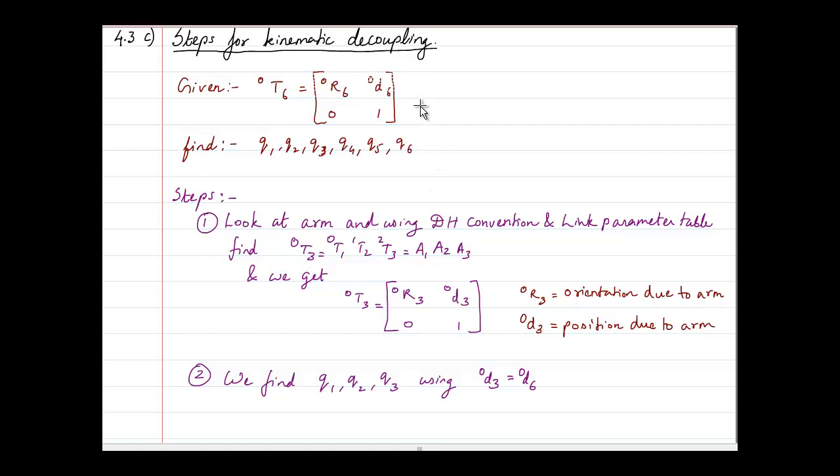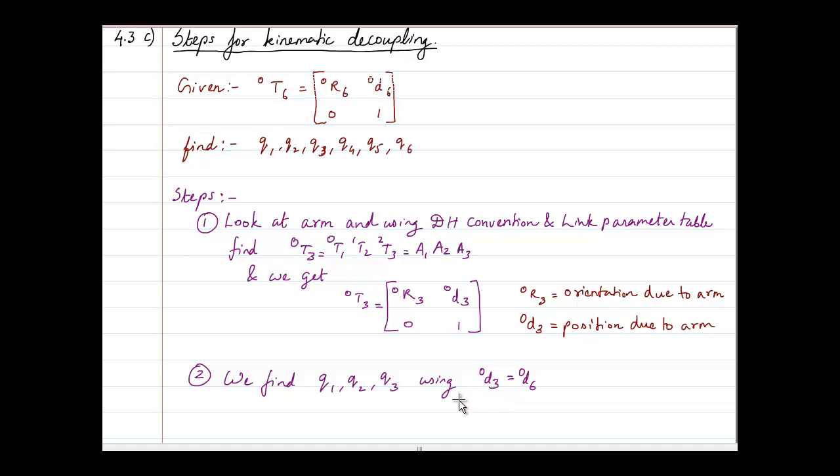So dx, dy, dz, three equations, and directly we will be getting Q1, Q2, Q3 in it. That Q1, Q2, Q3 will be in the equation 0D3, and that is going to be equated to some numerical value, maybe 3, 2, 4 or 1, 3, 2, something like that. So we will be able to find that out. This is the second step, a simple step.